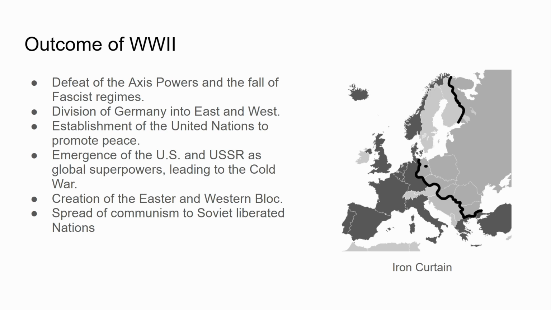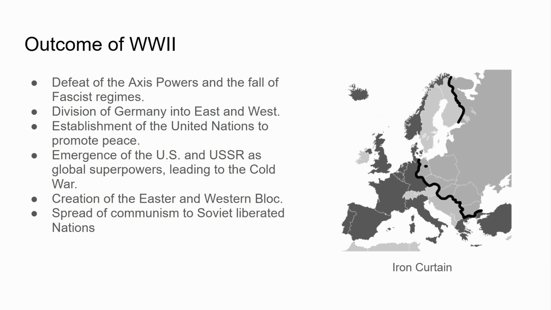The emergence of the United States and the Soviet Union, also known as the USSR, as global superpowers, leading any arms race or technological race on the entire planet, because they had the edge in weapons, nukes, space programs, anything. They had the advantage.